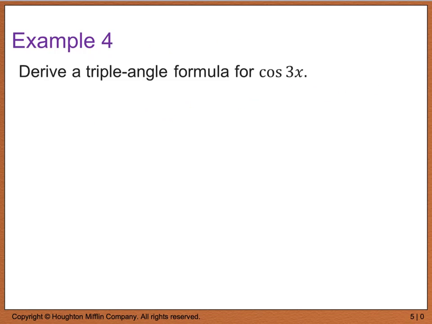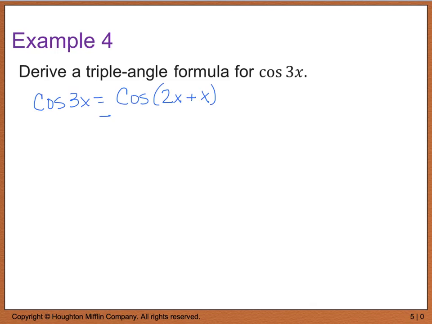Example 4 says to derive a triple angle formula for the cosine of 3x. So when we're given the cosine of 3x, we can really rewrite that as the cosine of 2x plus x.